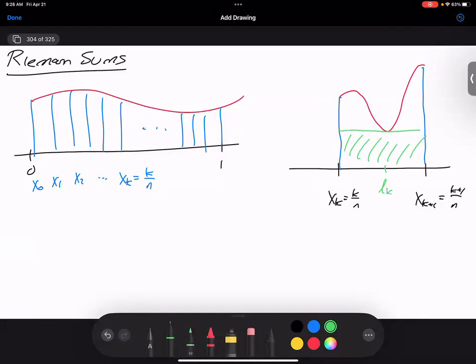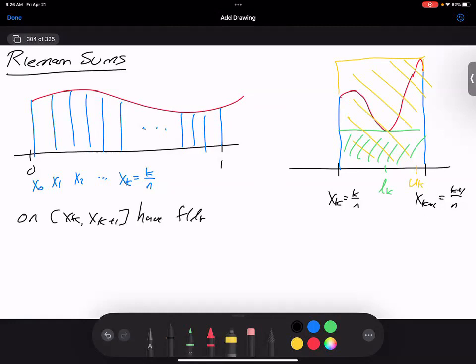And I can look to see where my function is largest, so over here will be u sub k for my upper sum. On the interval xk to xk plus 1, we have f of lk is less than or equal to f of x is less than or equal to f of uk.